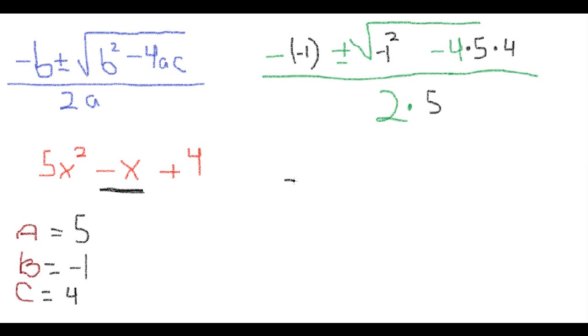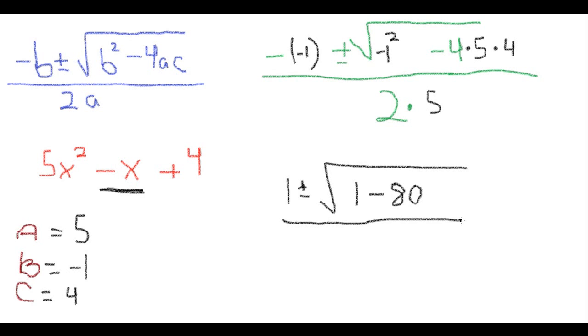Now we simplify. Negative 1 times a negative is 1. Plus or minus the square root of negative 1 squared, which is 1, minus 4 times 5, which is 20. 20 times 4 is 80, yes. Over 2 times 5, which is 10.